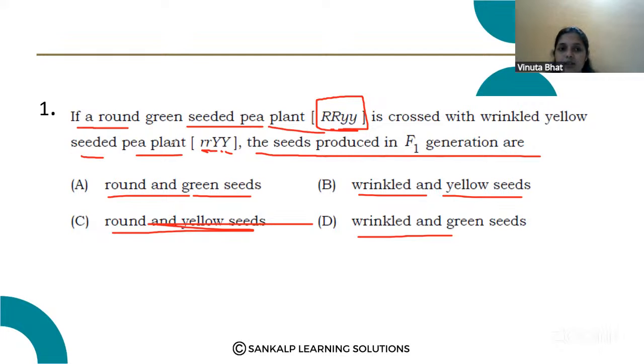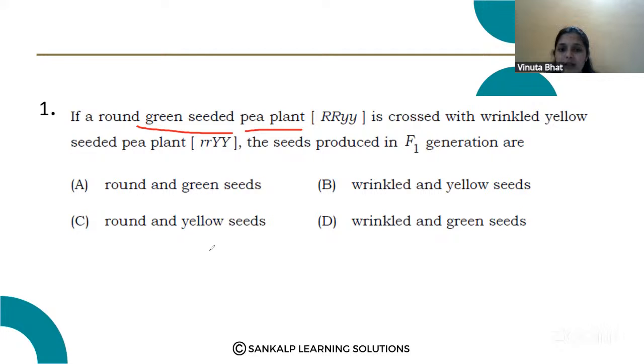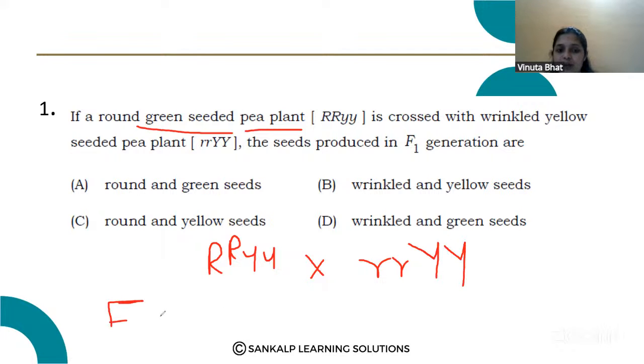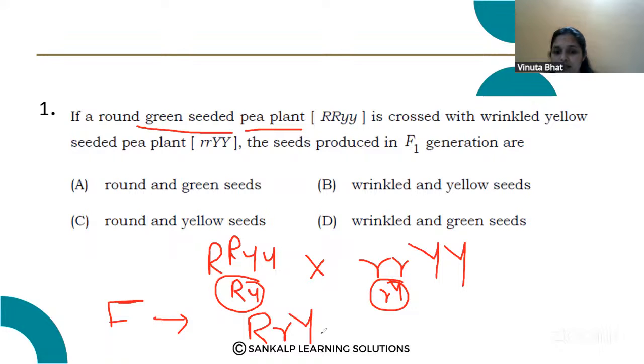Here, the round green seeded pea plant is capital R, small y. It is crossed with the plant with small r, capital Y. The gametes are capital R, small y, and small r, capital Y. The F1 generation plants will be capital R, small r, capital Y, small y.